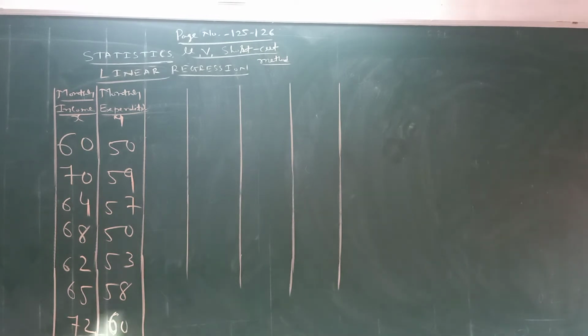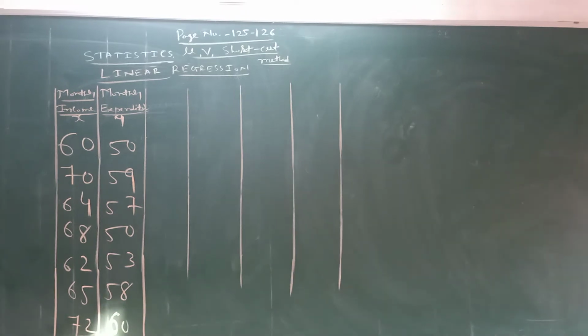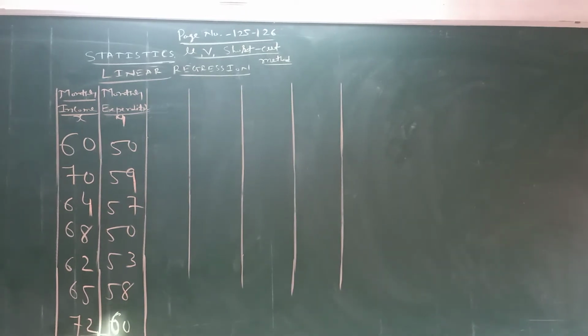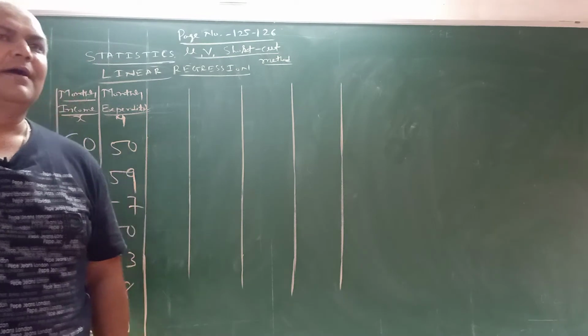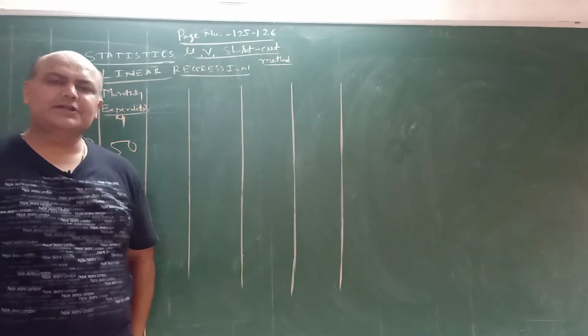Now we have the X minus X bar method, or the second option is the UV method or shortcut method. For the test of whether we have to apply the UV method or the X minus X bar method, one thing is that, my dear friends, we have to find X bar and Y bar.